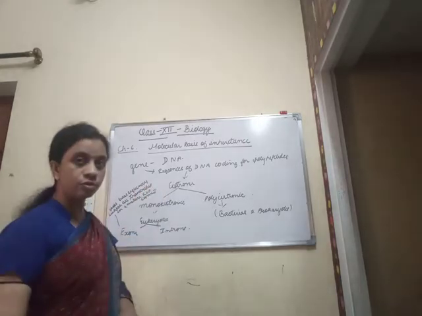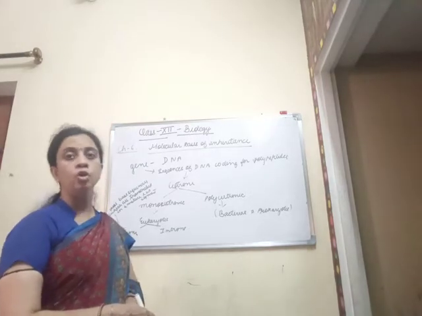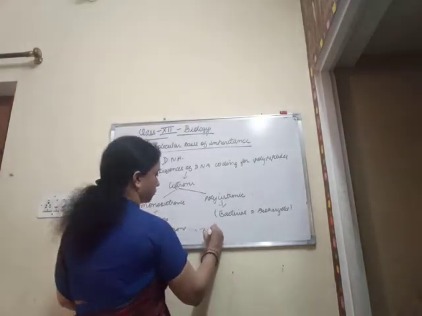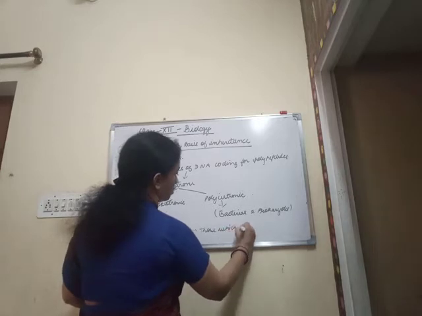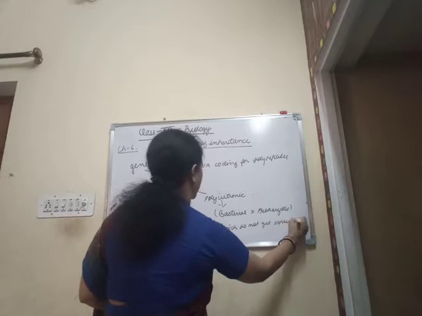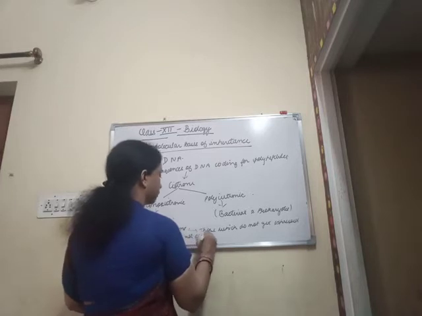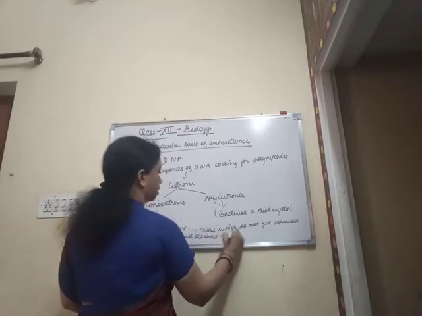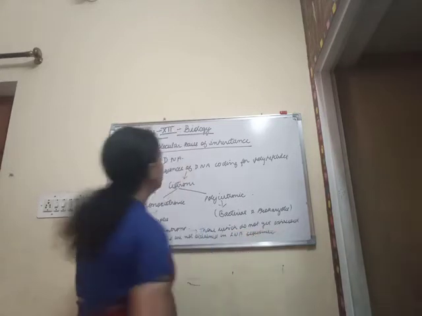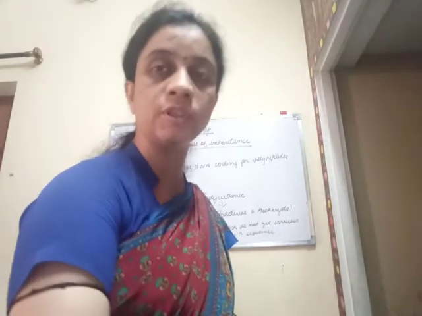And introns are those sequences which do not get expressed and which are not obtained in the mature RNA sequences. Clear? So here we have talked about the gene sequences and the various types of cistrons, that is the polycistrons and the monocistrons.